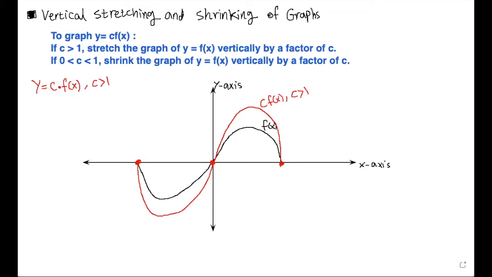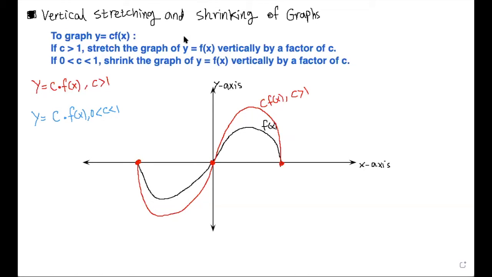Now if I want to graph the function y equals c times f of x, with c outside the function, and c between 0 and 1, like 1/2, 1/3, less than 1 and greater than 0, this means we shrink the graph of the original function vertically.